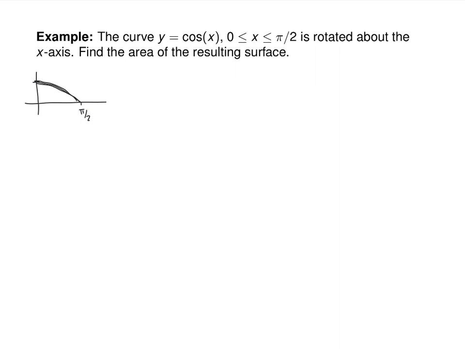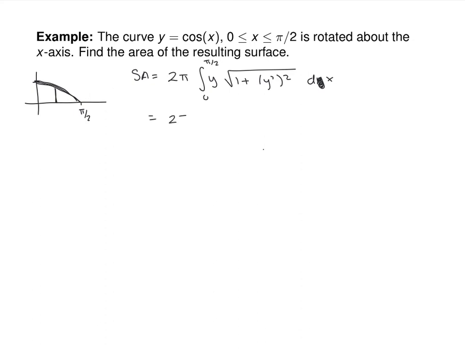And we're going to spin this about the x-axis. So if we think about the circumference of our little slices, that's the radius. That will be y. So 2 pi integral y square root 1 plus y prime squared dx. So we'll go from 0 to pi halves.